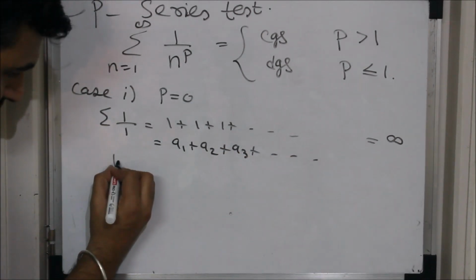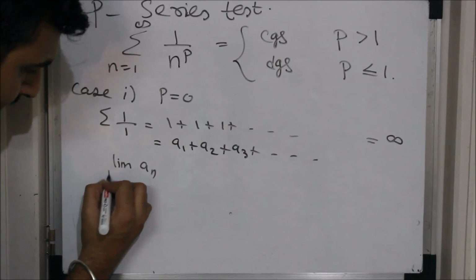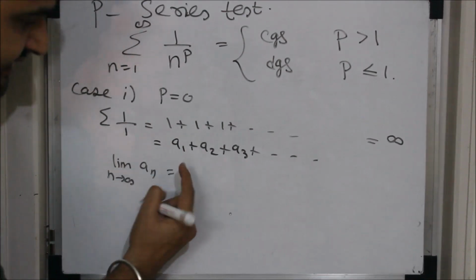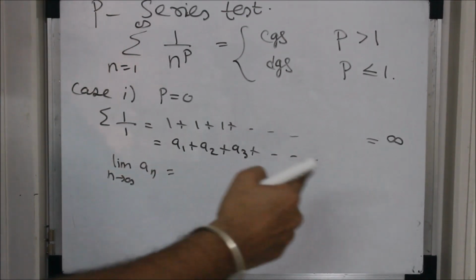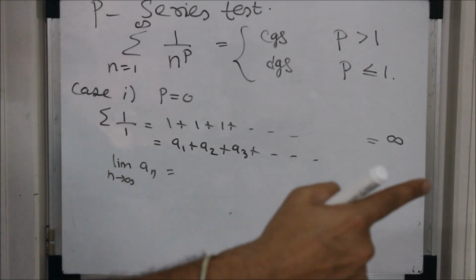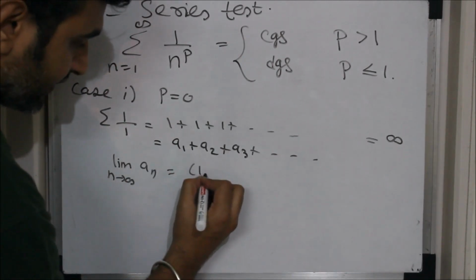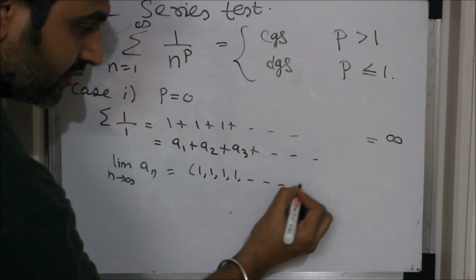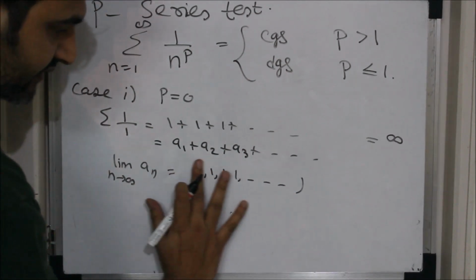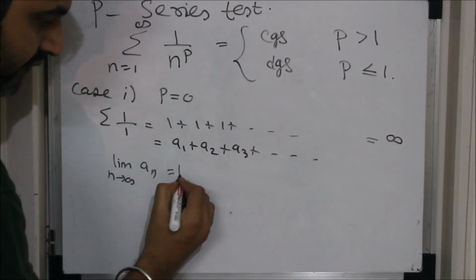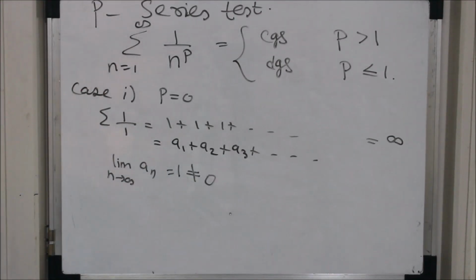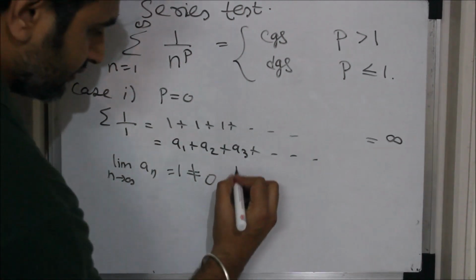And what is the limit of an? When you look at this an as a sequence, a1, a2, a3, all the terms are 1, 1, 1, 1, 1. This is a constant sequence, so it converges to 1, which is not equal to 0. Therefore by the nth term test, your series diverges. So when your p is 0, the series is a divergent series.